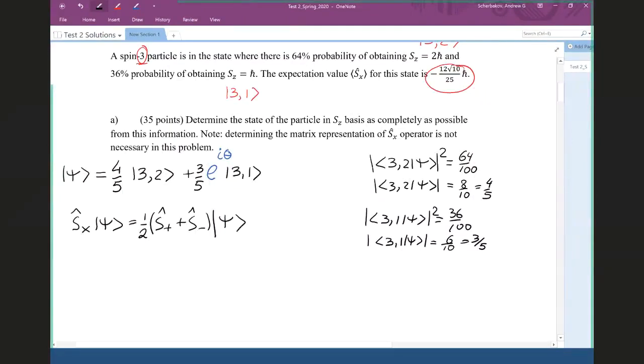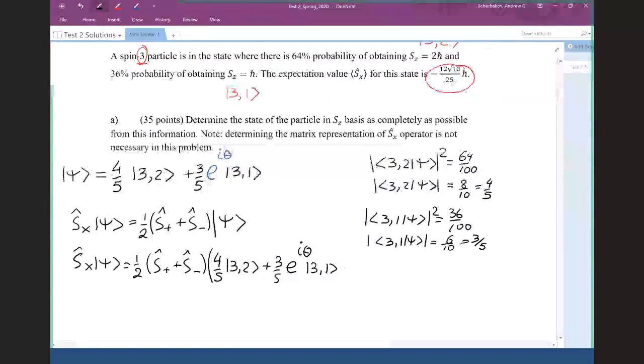That's what Sx psi is. Okay, let's expand this. So Sx psi is 1/2 S plus S minus acting on 4/5 |3/2> plus 3/5 e to the I theta |3/1>.